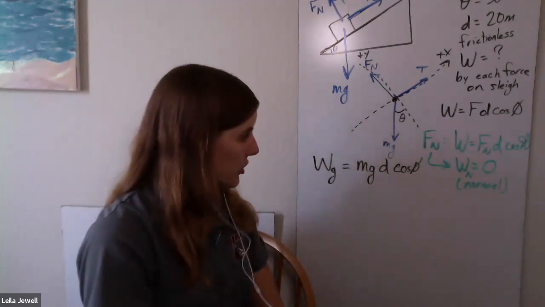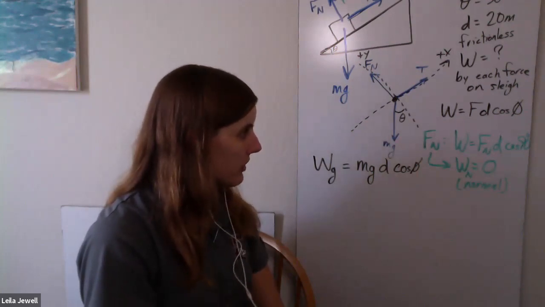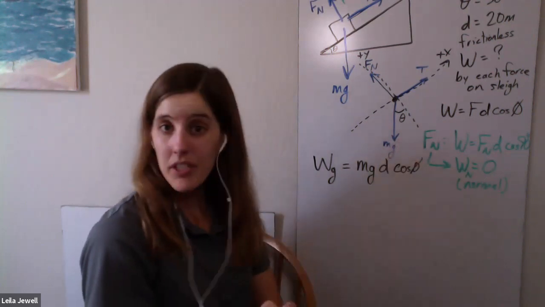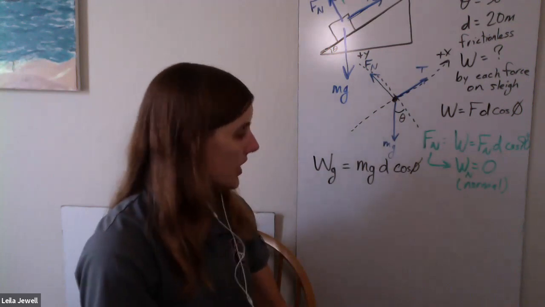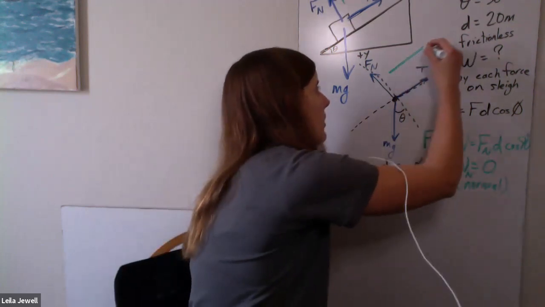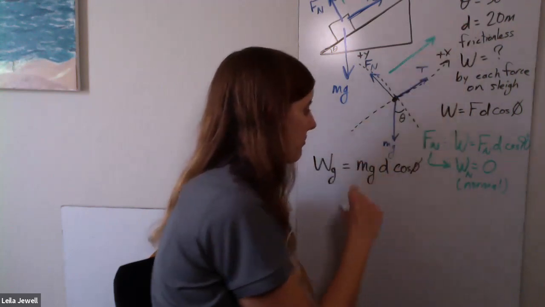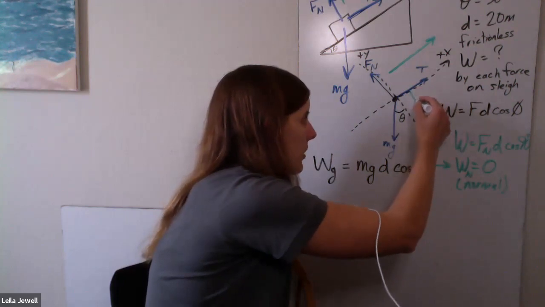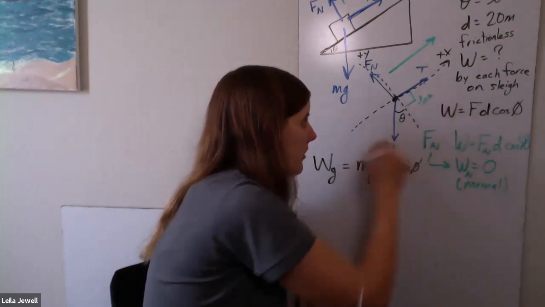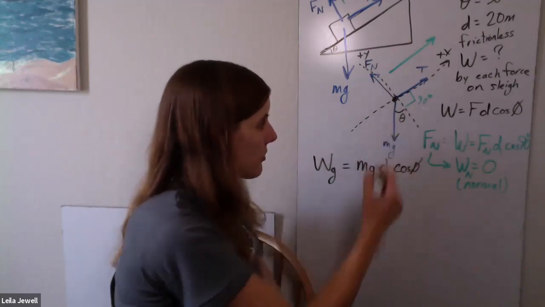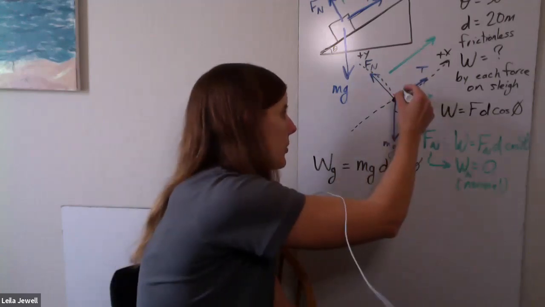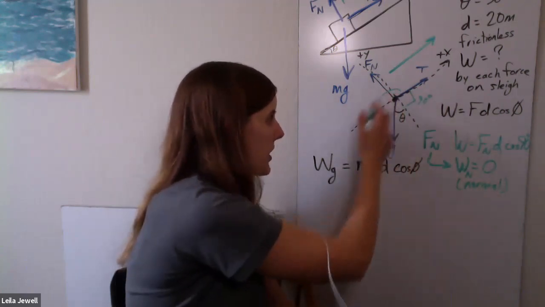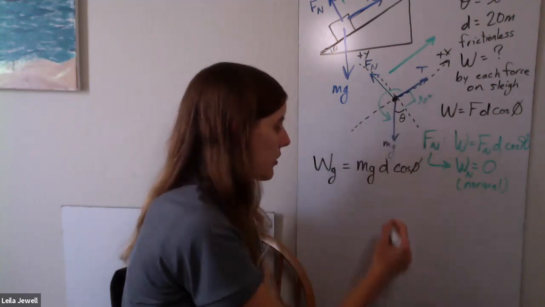Now notice with this equation, we can use the fact that it's pointed at a weird angle, and that's okay. We don't have to break it down into x and y components. We can just say, hey, the displacement is going along that positive x direction, and so I can plug in for my angle either 90 plus theta, which would be 90 plus 30, so 120, or I can even go the other way around, which would come out to 180 plus 60, or 240.